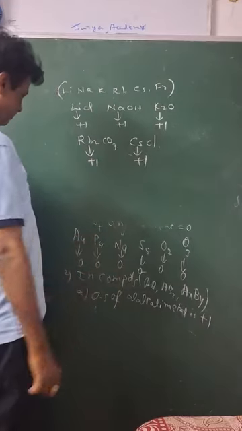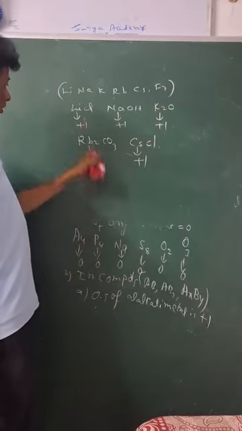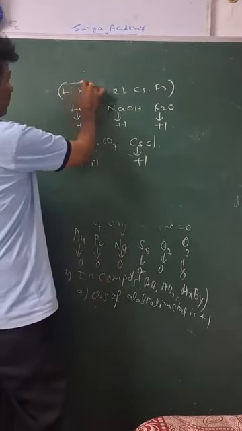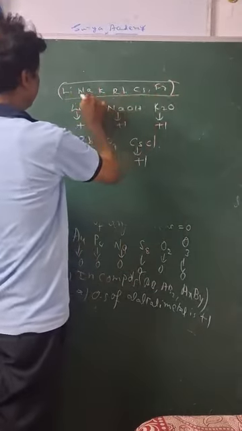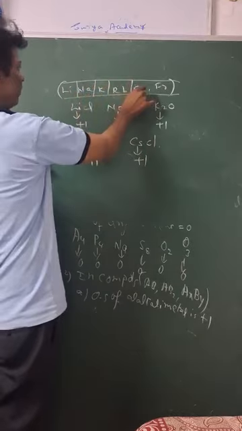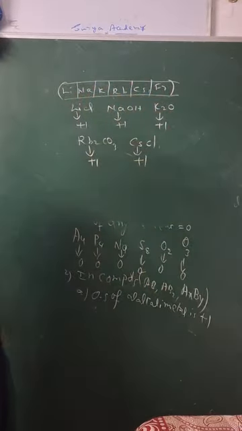In compounds, alkali metals show +1. What are alkali metals? Lithium, sodium, potassium, rubidium, cesium, francium. They show +1.